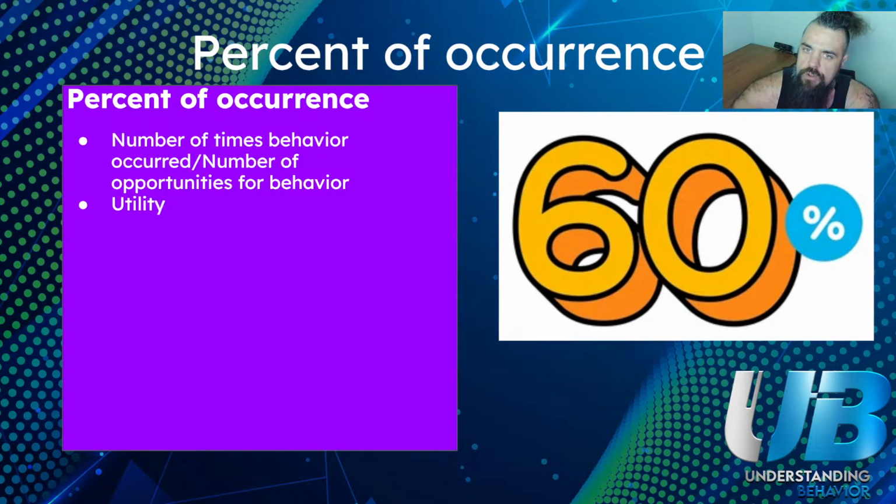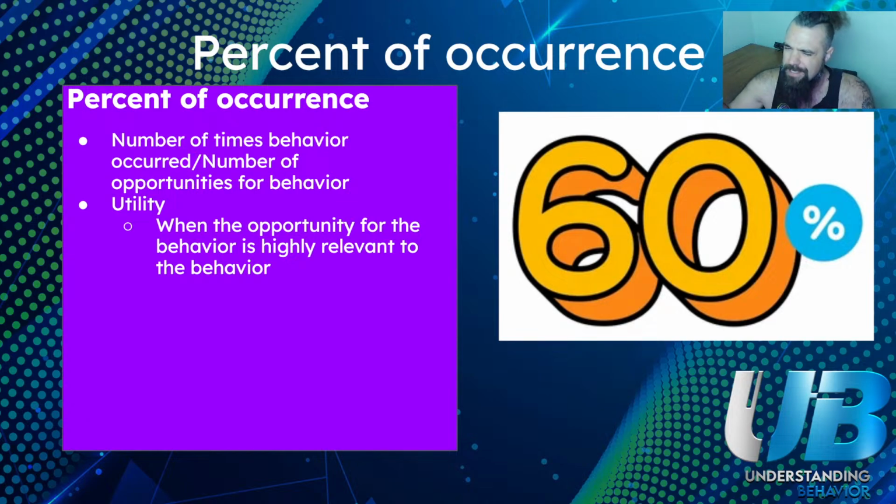As far as the utility, it seems a little bit simple, but it's useful when the opportunity for the behavior is highly relevant to the behavior or measurement that we're trying to track. We're relating this back to measurement validity. In some cases, a percent of occurrence is going to be a lot more useful than something like a frequency or rate alone. Let me give you an example of that.